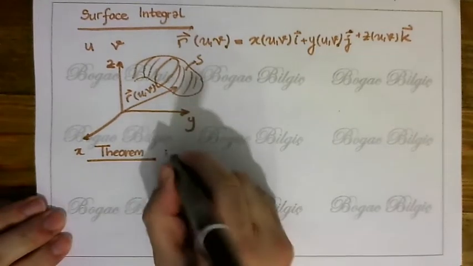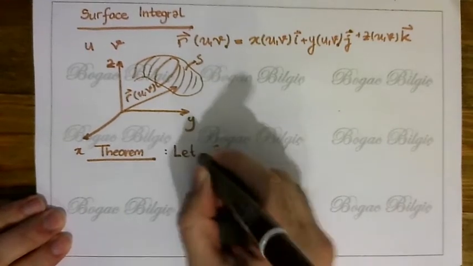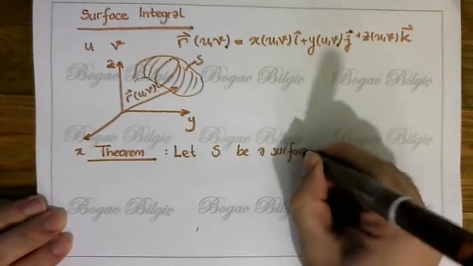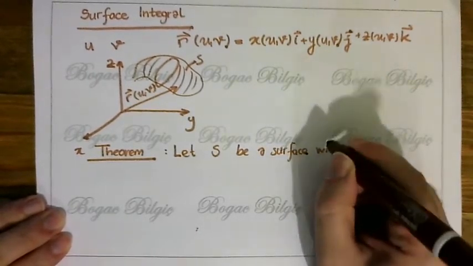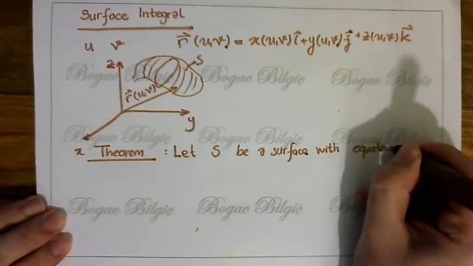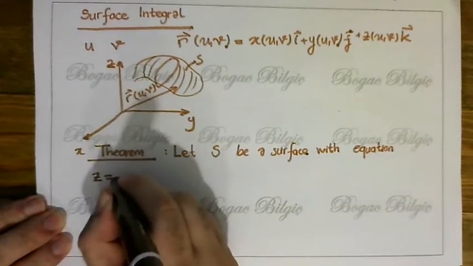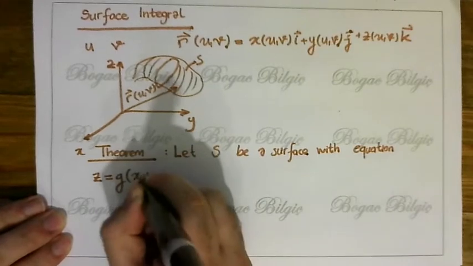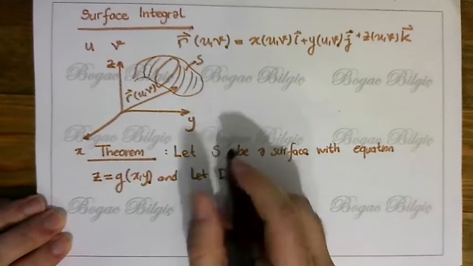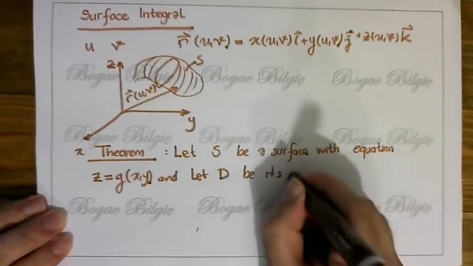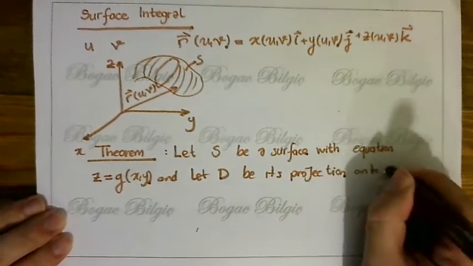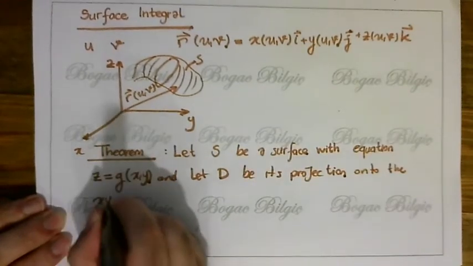Let S be a surface with equation z equals g(x, y), and let D be its projection onto the xy plane.